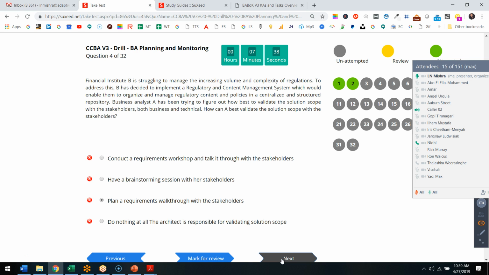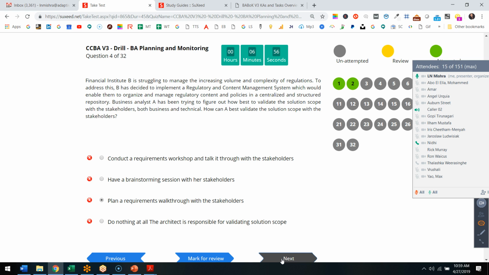The question is asking how to finalize the solution scope. So doesn't that mean we need to first identify what the scope is, like brainstorming and then identify the scope first? No, you already have the requirements written down, or a draft scope is available to you. You want to finalize it. So typically finalization happens through a review. If you're looking at finalizing anything, you generally do a review and say, okay, this is accepted, this is not accepted, or whatever. And then finally you come up with an output.